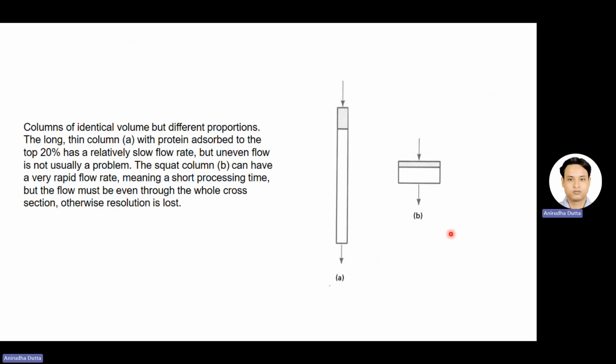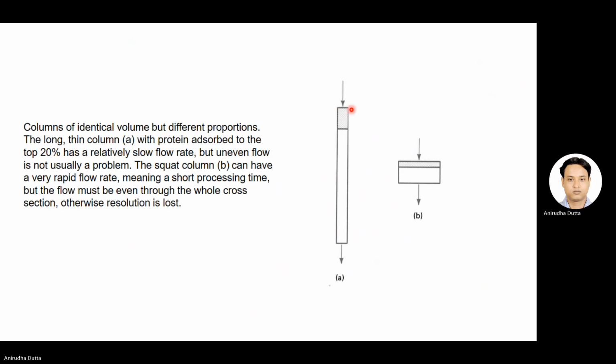Another important thing is what kind of column we should use, whether it's a narrow long column or a high diameter short column. Both of them have their own advantages and disadvantages.